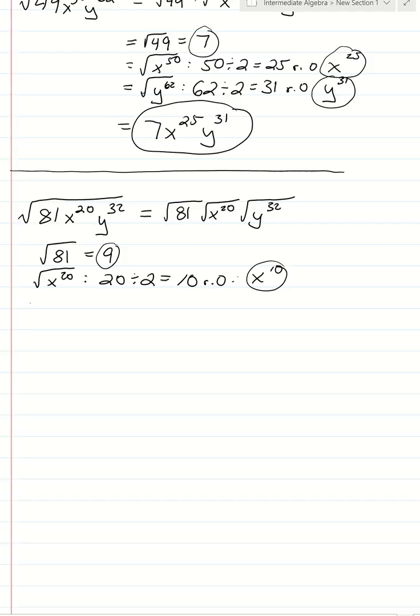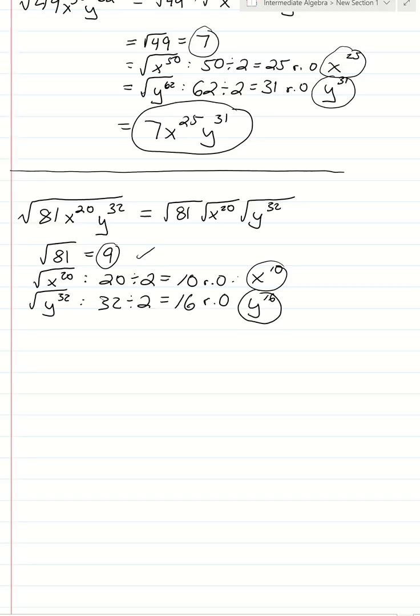Now when we take the square root of y to the 32nd power, we take 32 divided by the root index 2, and that gives us 16, remainder 0. So we're going to have y to the 16th power as our simplified radical.